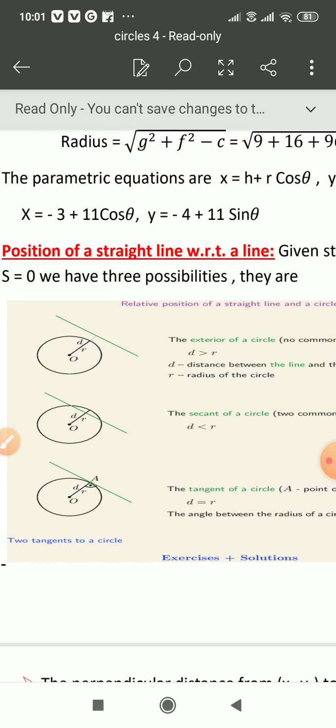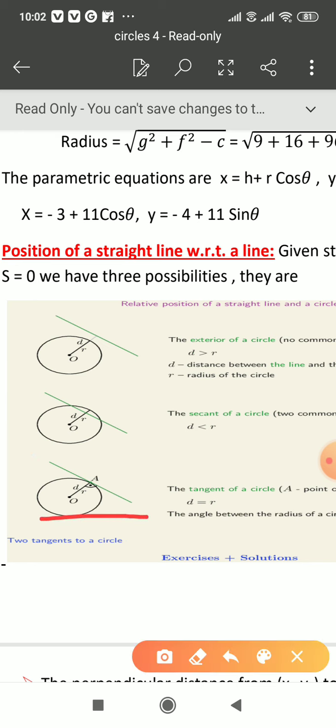If the line is a tangent to the circle, then the perpendicular distance from the center to the line is the radius. Conversely, if the perpendicular distance from the center to the line is the radius, then the line is a tangent to the circle. Okay, you must remember this. This third condition is very important in our intermediate IPE.